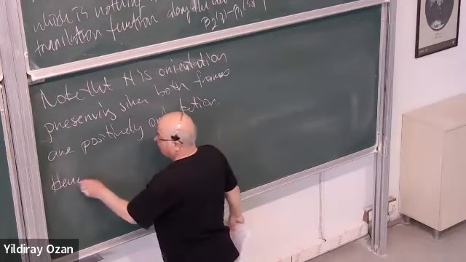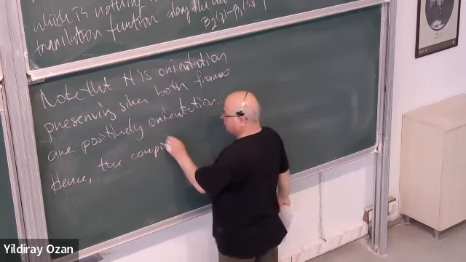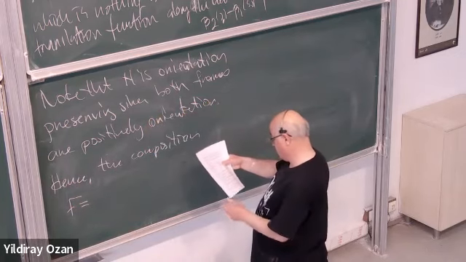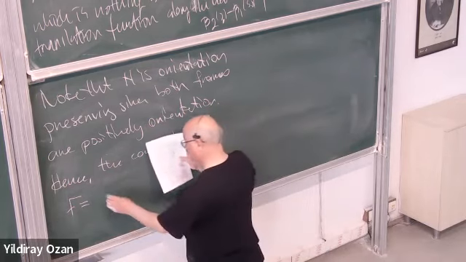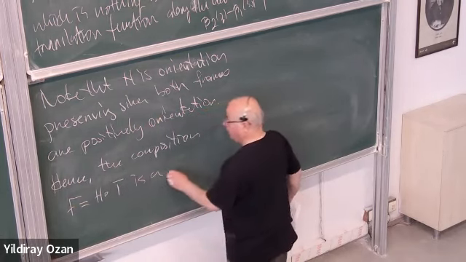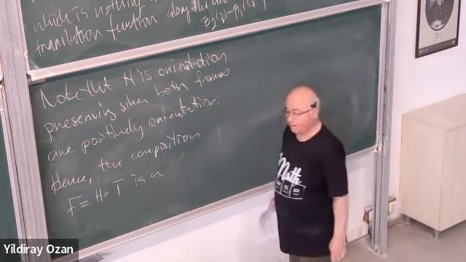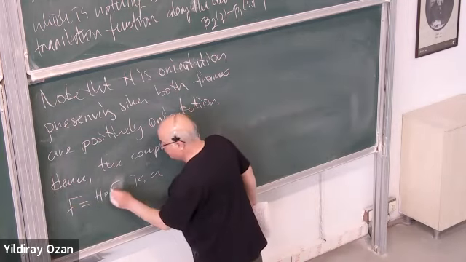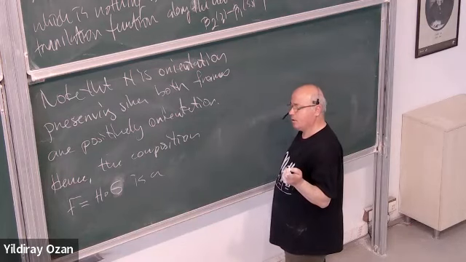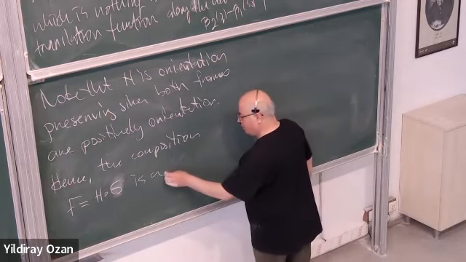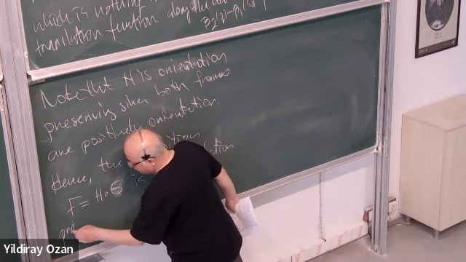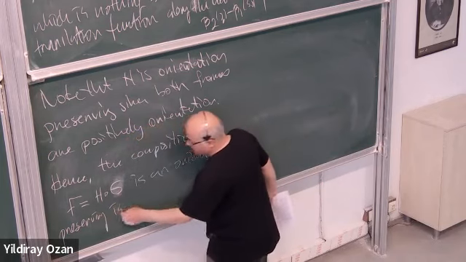Hence, the composition F, which one? Is an orientation preserving isometry.